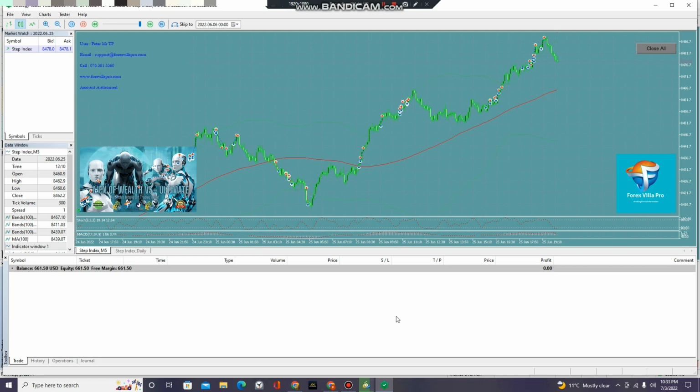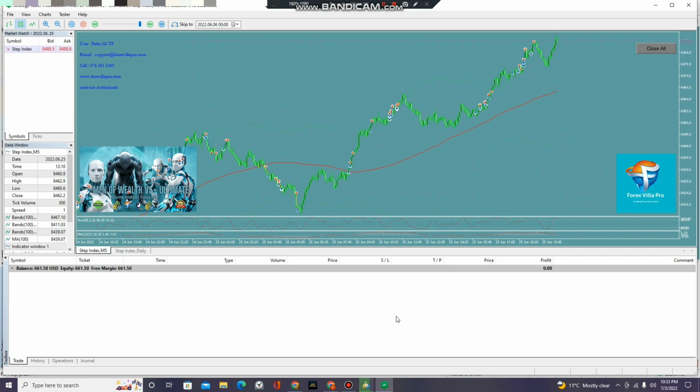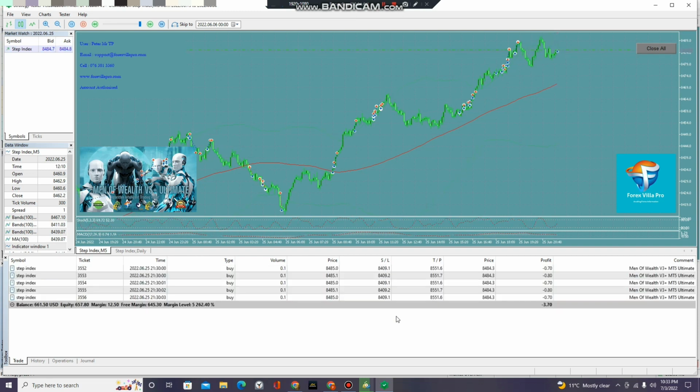This is the system of the future, guys. If you don't have Man of Wealth and you're a forex trader, what are you believing in? Trading strategy, has it yielded any results? Because I know most people have the best trading strategy, but to follow a set of rules on your own is not easy.